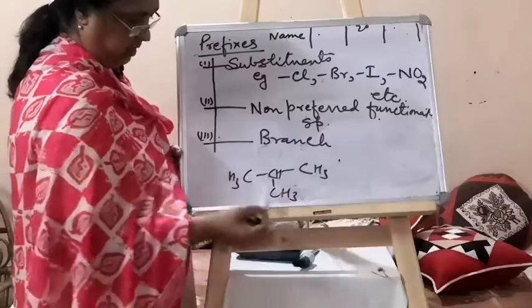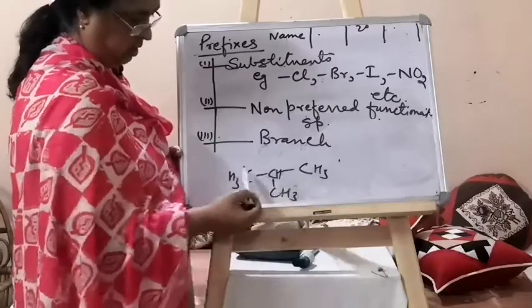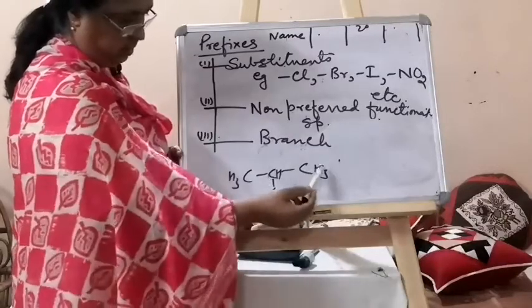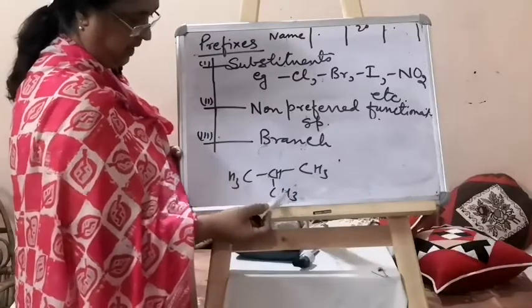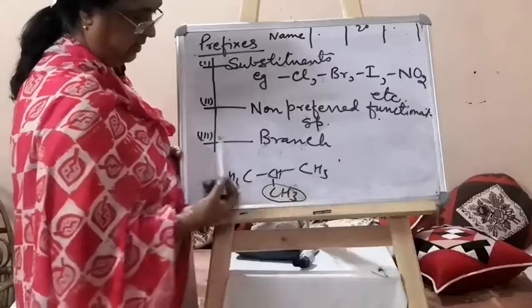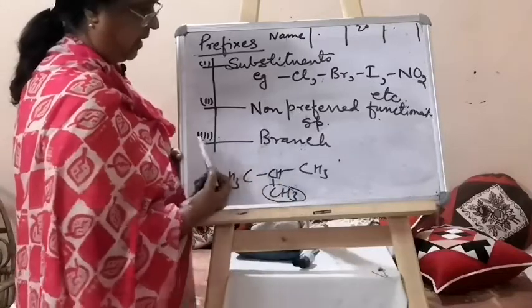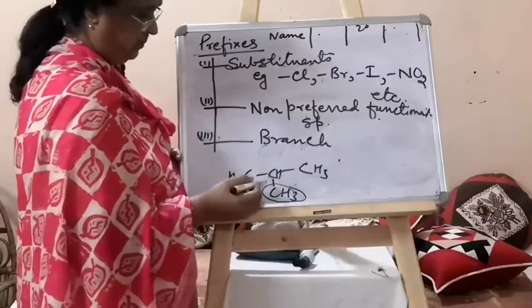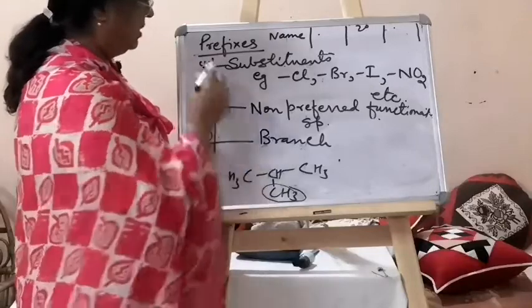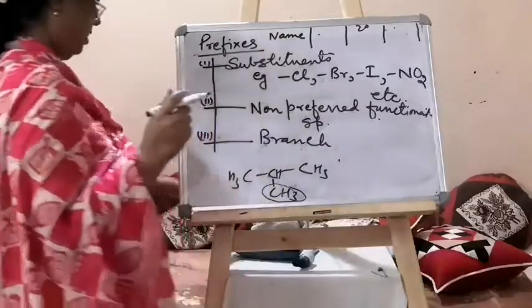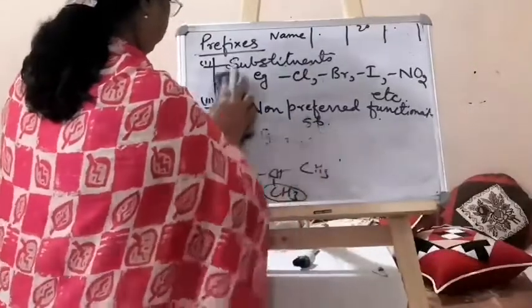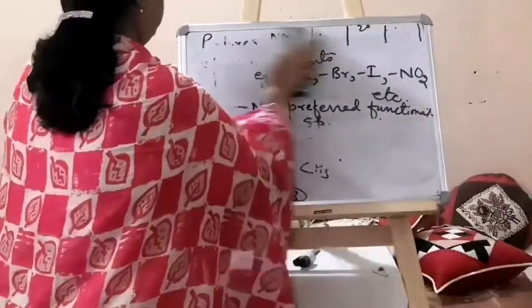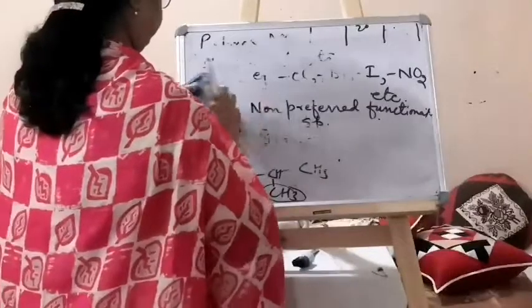If we take this chain, then this is not included. 3, this way also 3. So whether you come this way or you go straight, one of the methyl groups, this methyl group, if I consider, is not in the chain. So this is your branch. Then this branch will be given the status of a prefix. So how do we name a branch? That I am going to show you. So, naming the branch.